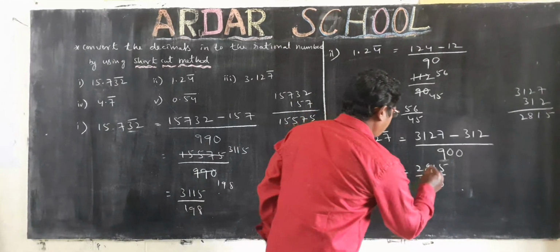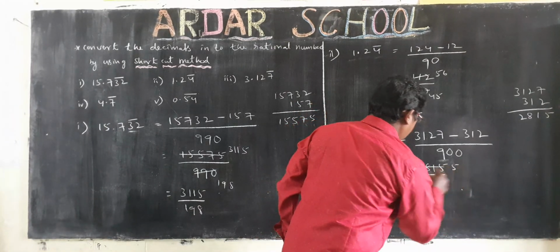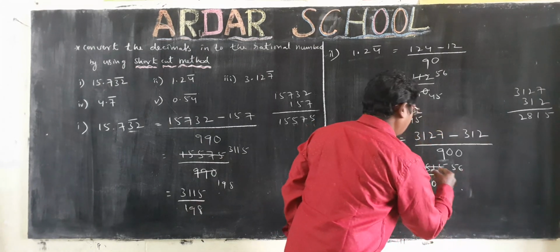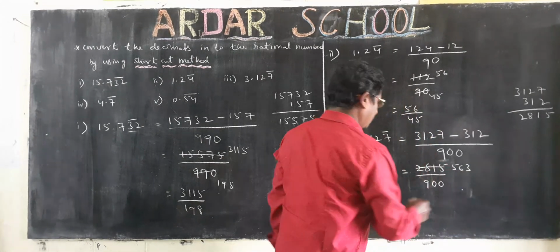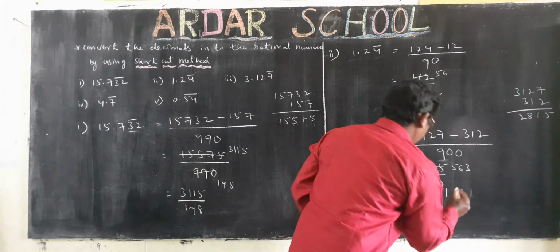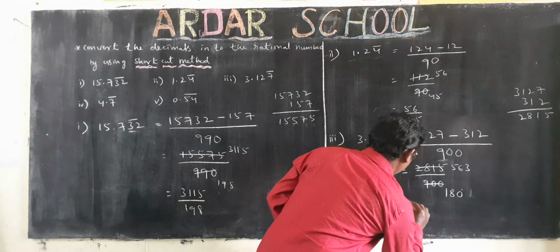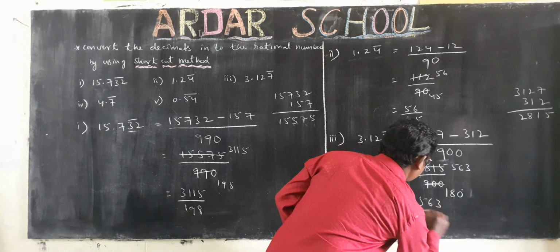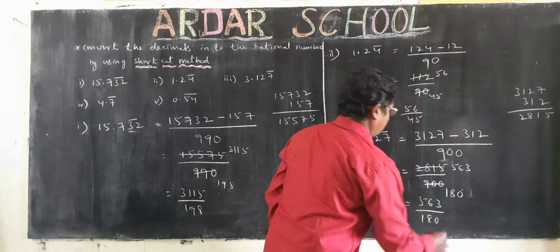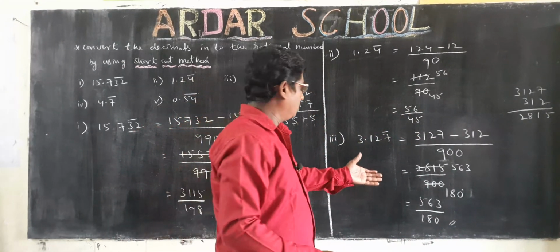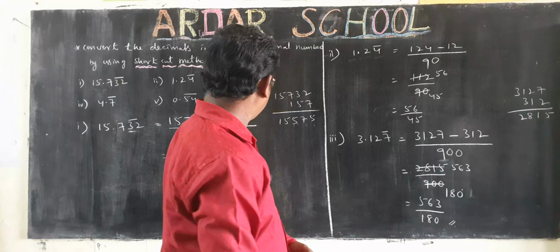Then you have to cancel by 5. 5 5s are 25, remainder is 3, 5 6s are 30, 5 3s are 15. Here 5 1s are 5, 4 is remainder, 8 0. That is 563 by 180. Easy.